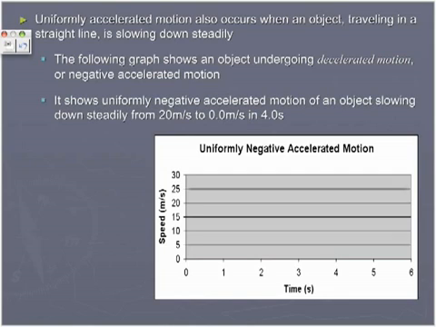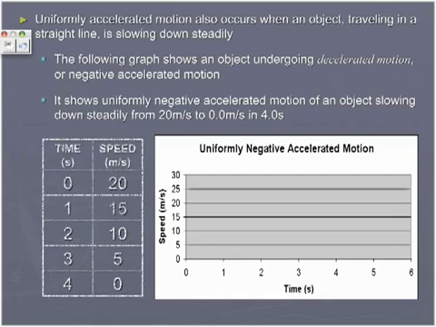So it shows uniformly negative accelerated motion of an object slowing down steadily from 20 meters per second to 0 meters per second in 4 seconds. So we are slowing down by about 5 meters per second every single second in time. We're coming to a complete stop.